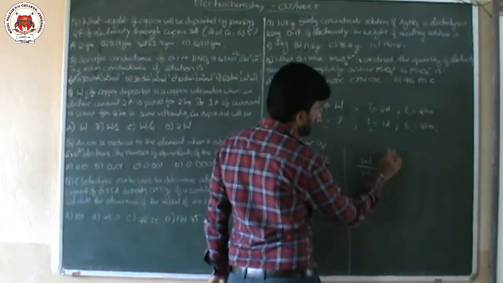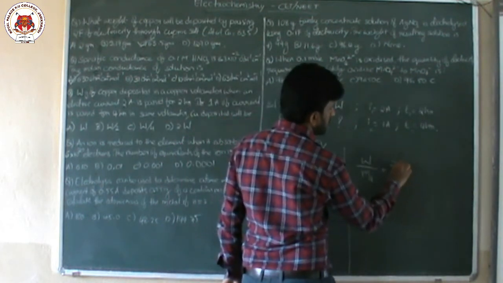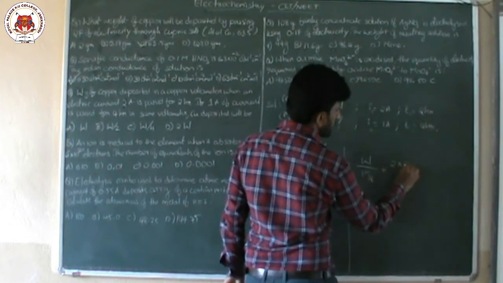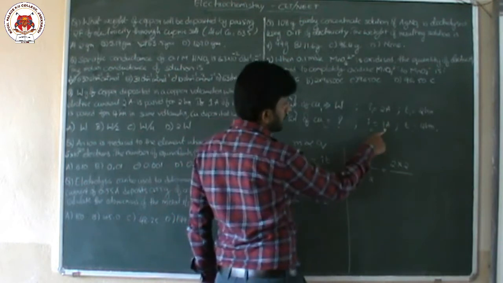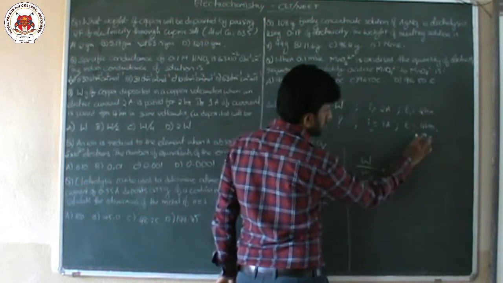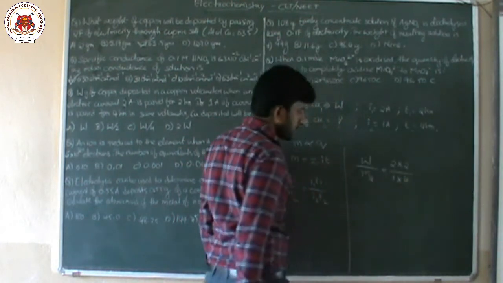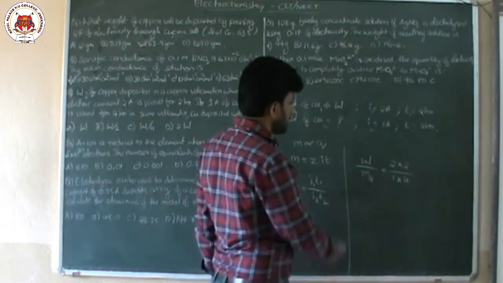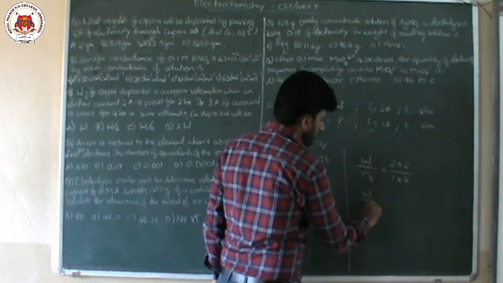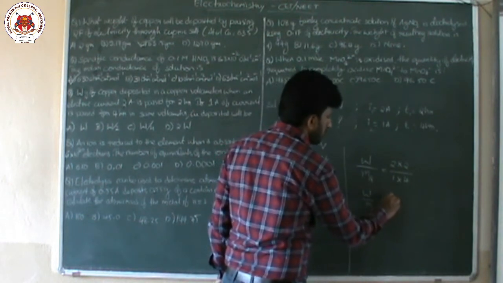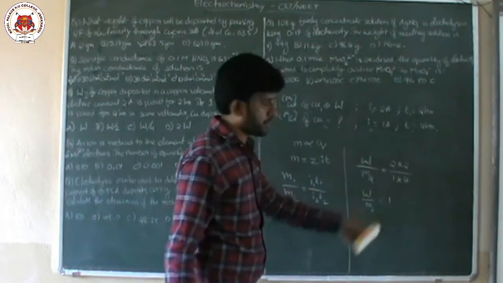What is I1? I1 is 2. 2 into T1, 2 hours, divided by I2 into T2, because 4 by 4 is 1.